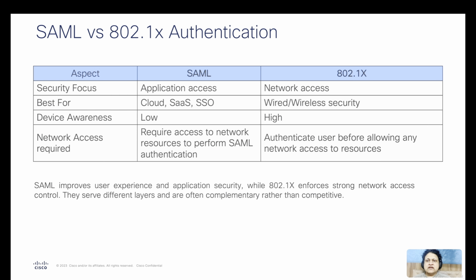Next is SAML and Dot1x authentication, and the difference between them. The main focus for SAML is application access, and the main focus for Dot1x is network access. SAML is best for cloud services, software as a service, and single sign-on. Dot1x is best for wired and wireless security.